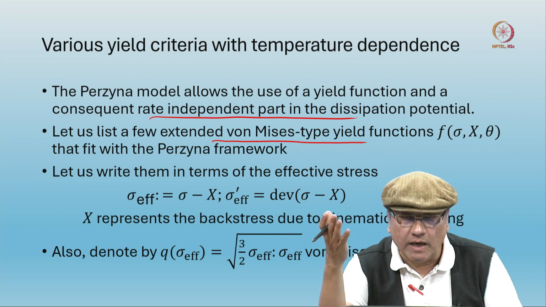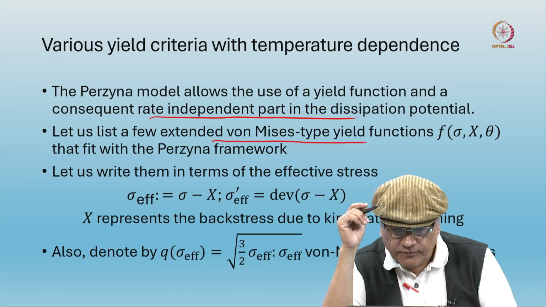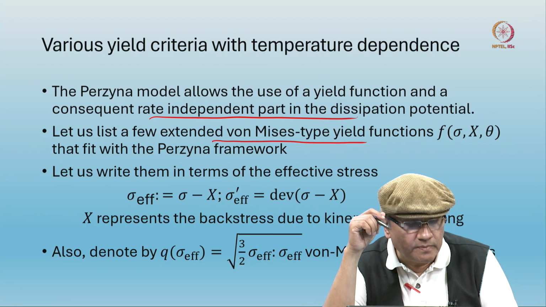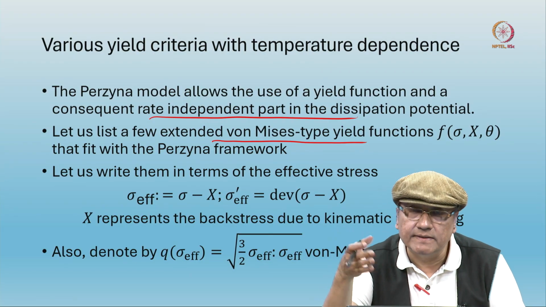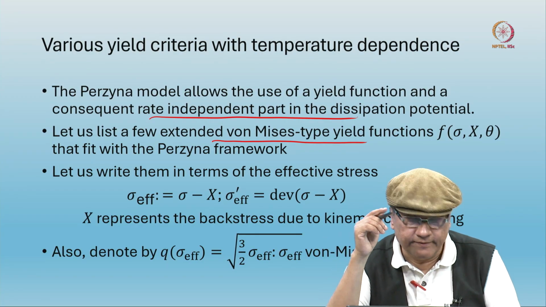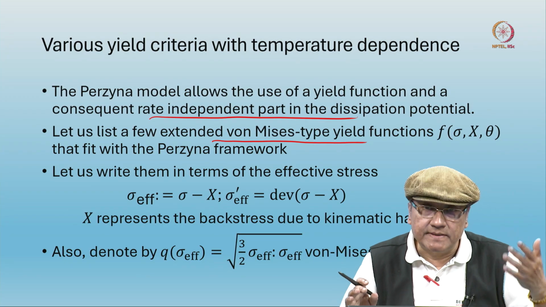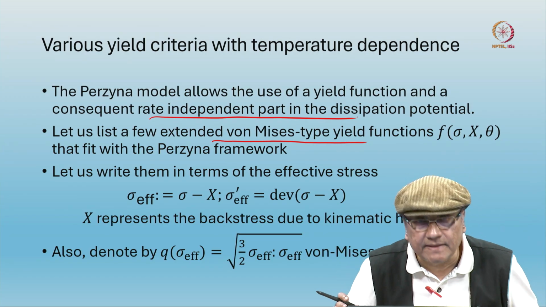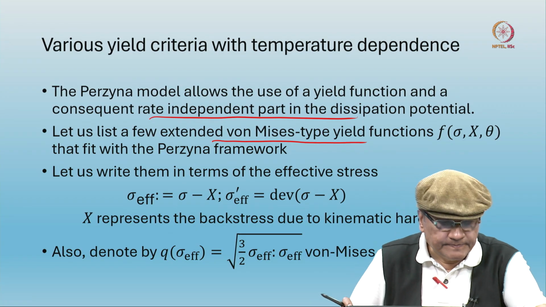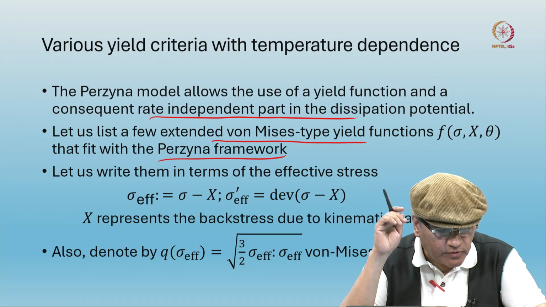By now you know how to do it based on this convex structure of F, even if it is non-smooth, but I do not want to unnecessarily make things difficult by talking about non-smooth F. So let us talk only about smooth F, and many such Fs that are used in practice are basically smooth, that fit within the Perzyna framework.